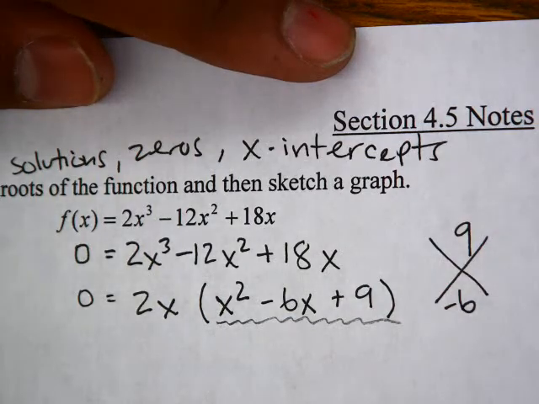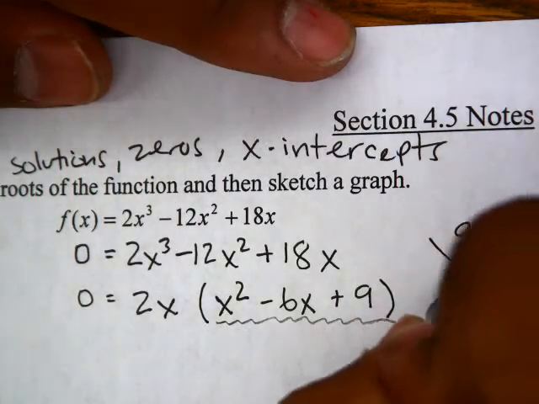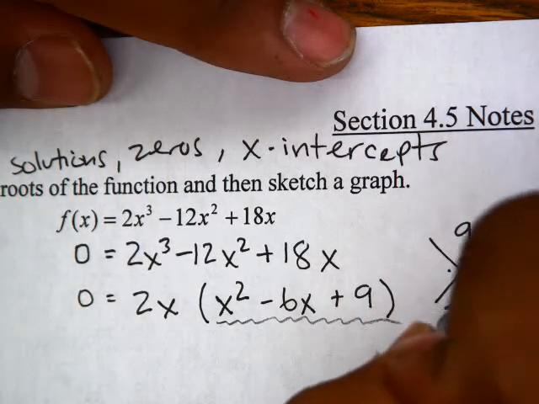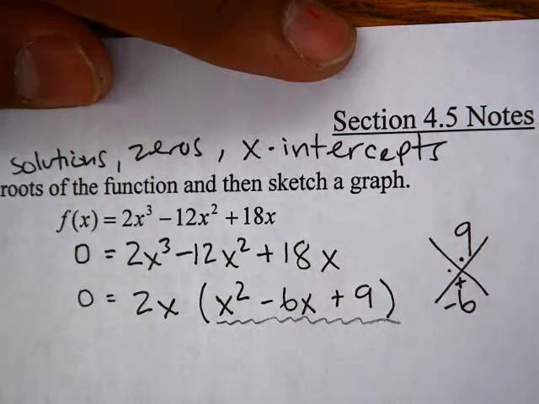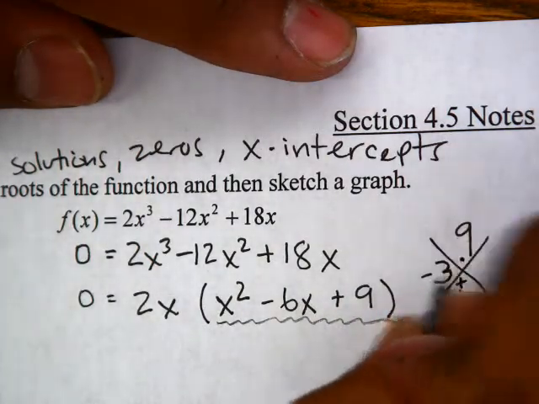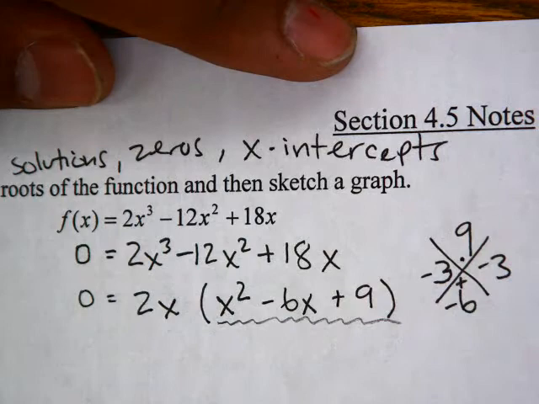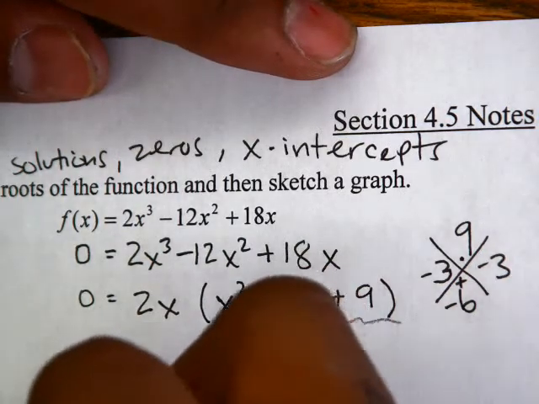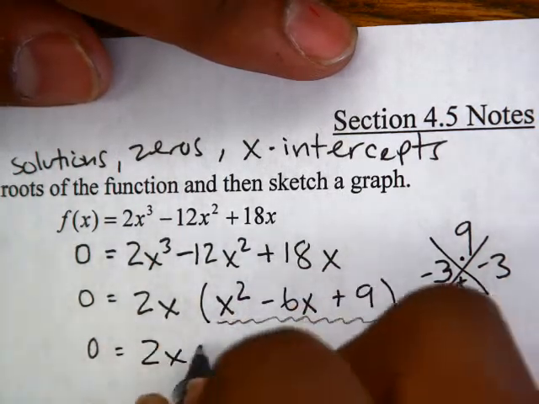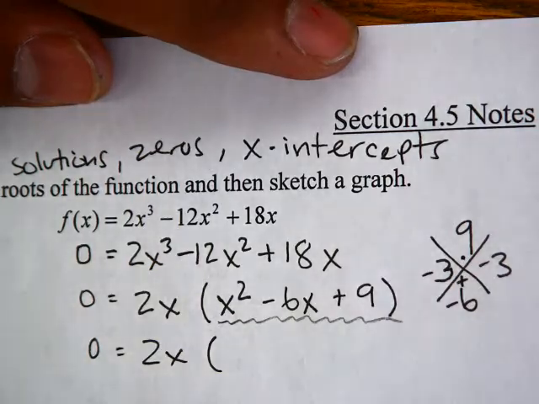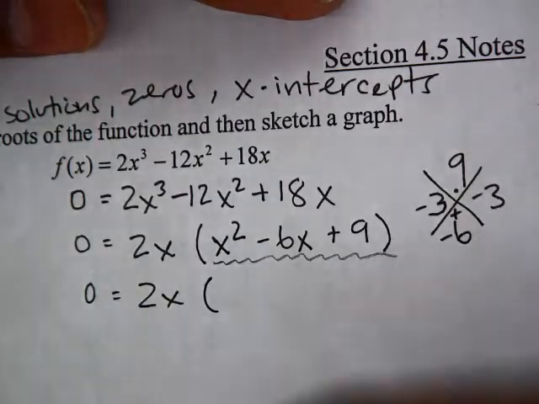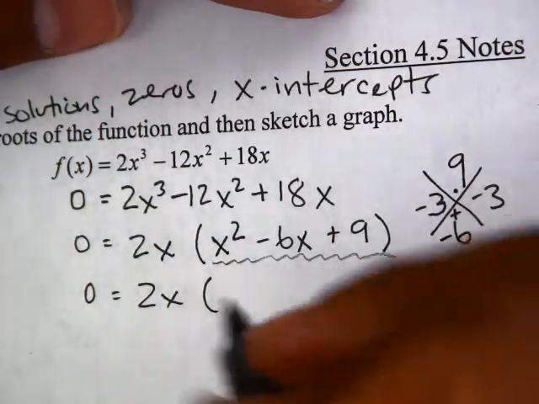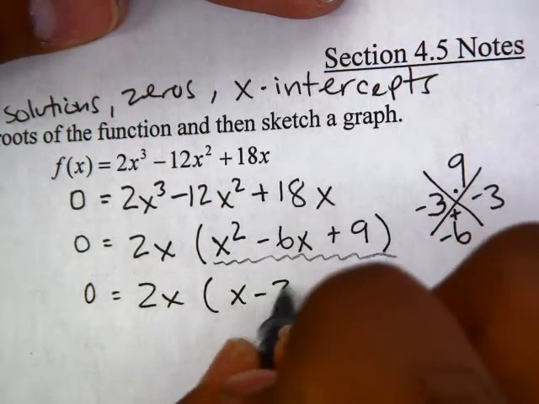We want to think of two numbers that multiply to 9 and add up to negative 6. So then those numbers are negative 3 and negative 3. So rewriting this expression, that 2x is still there. Instead of x squared minus 6x plus 9, I can write x minus 3 squared.